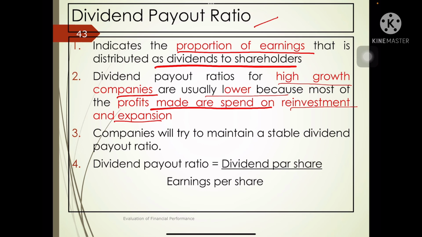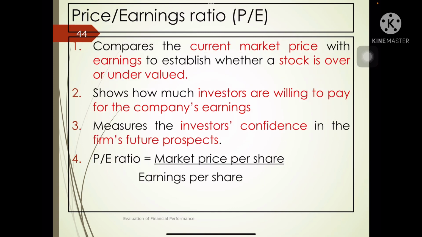High growth companies normally have to reinvest in order to expand. So the company will try to maintain a stable dividend payout ratio. The dividend payout ratio is the dividend per share divided by earnings per share.